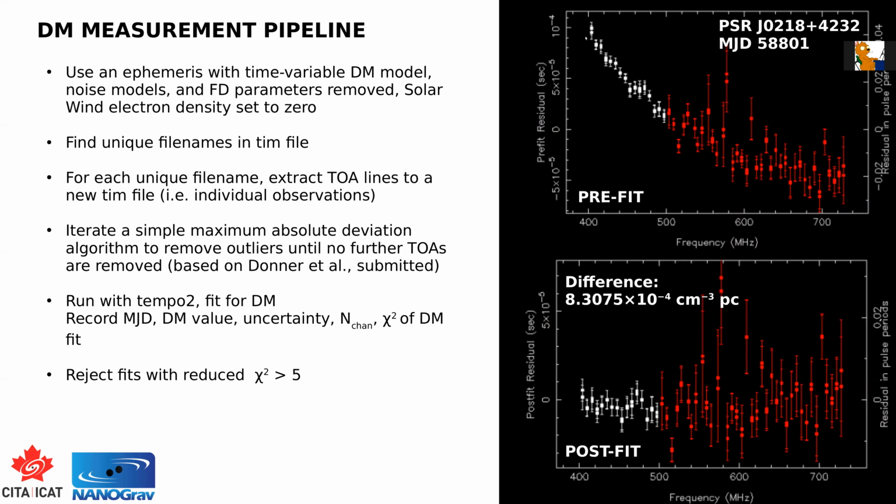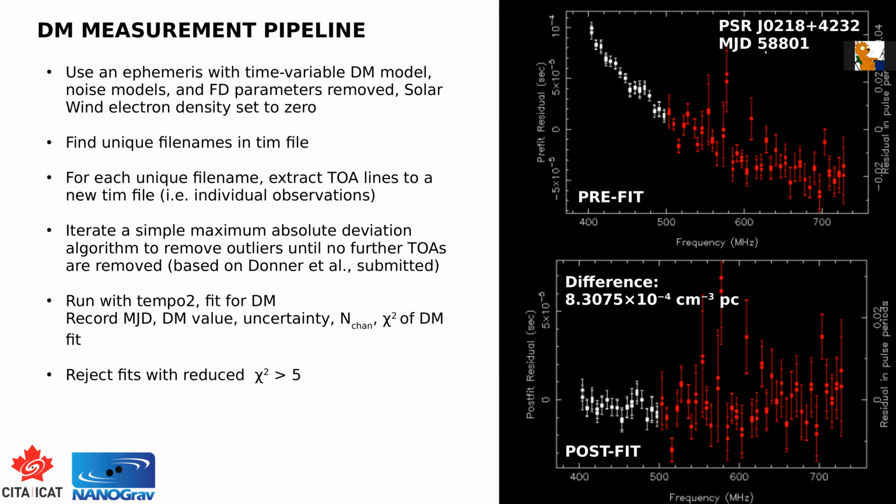After that, on an observation by observation basis, we simply go through the TOAs and run a relatively simple maximum absolute deviation algorithm to remove any outliers due to RFI or low signal in the channel. And then we just fit for DM.